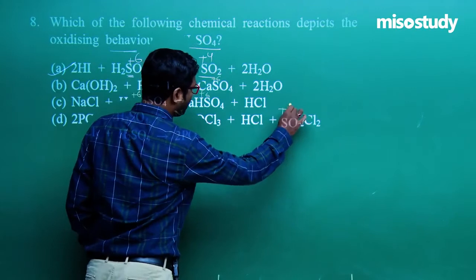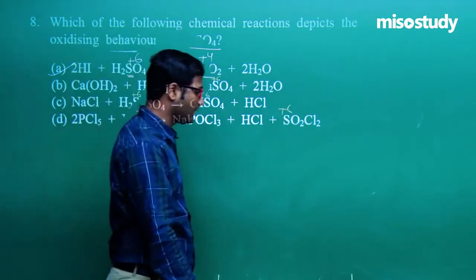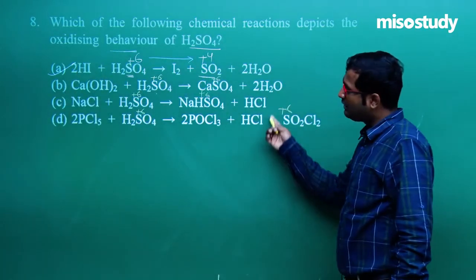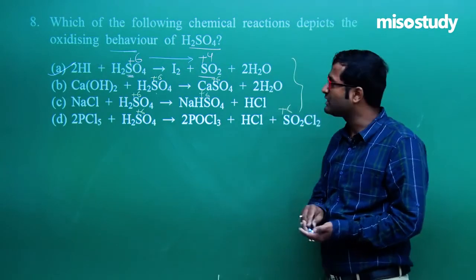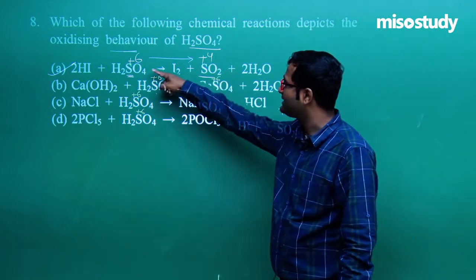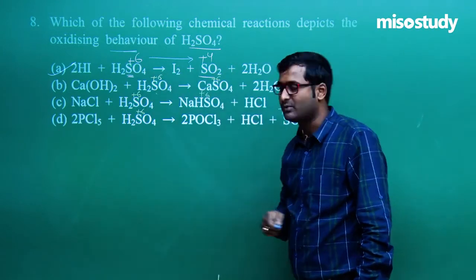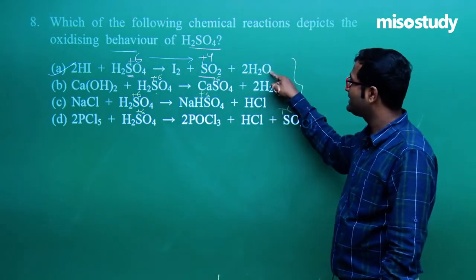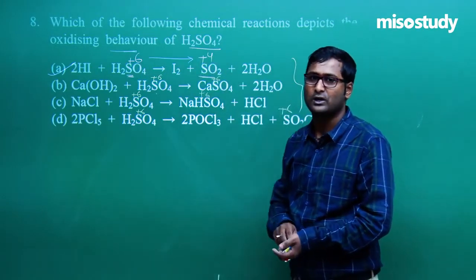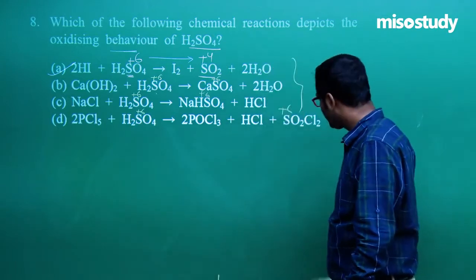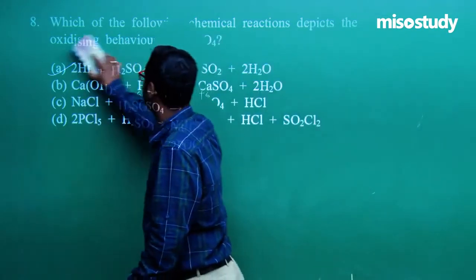Now after discussing all the options, we found that in the first case there is a change in oxidation state from +6 to +4. So this reaction will show the oxidizing behavior of H2SO4. Clear, friend? Now I am going to rub this part and we'll discuss the next one.